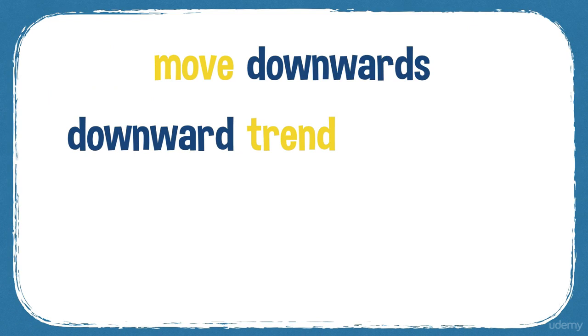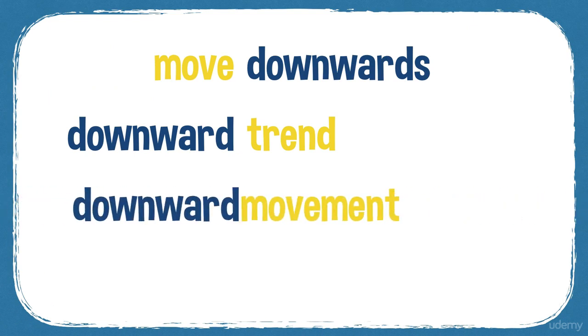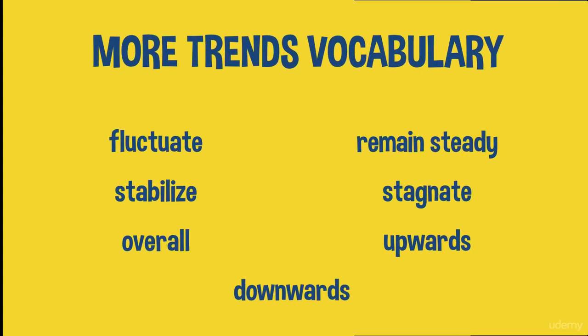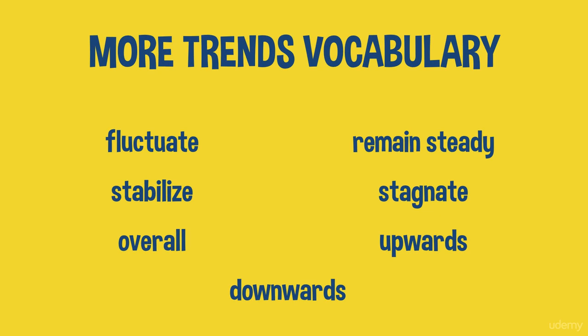You can have a downward trend. Downward movement. Downward direction. So there are your seven words. Some more words for trends: fluctuate, remain steady, stabilise, stagnate, overall, upwards, and downwards.